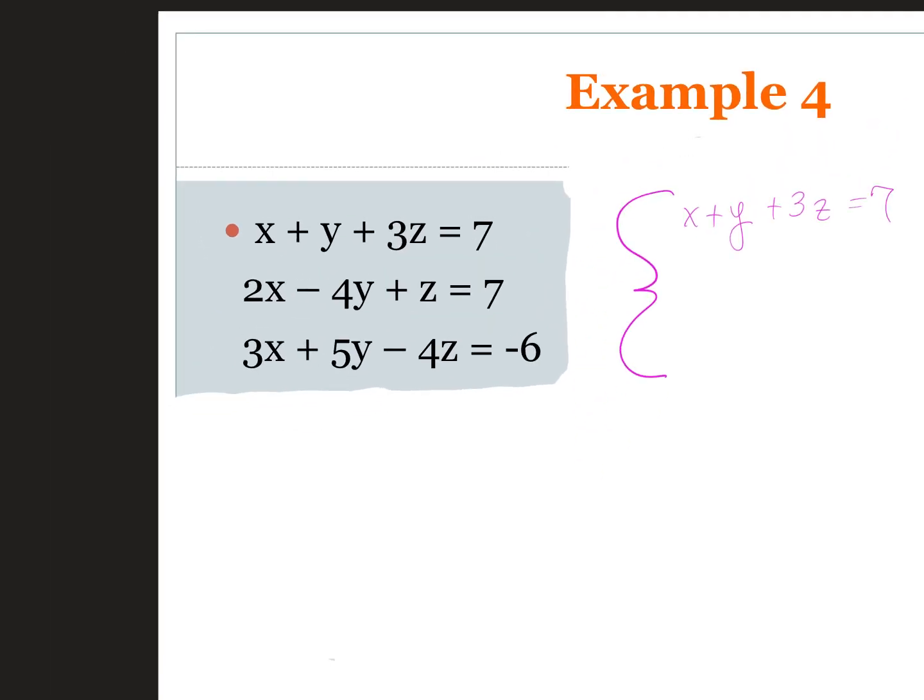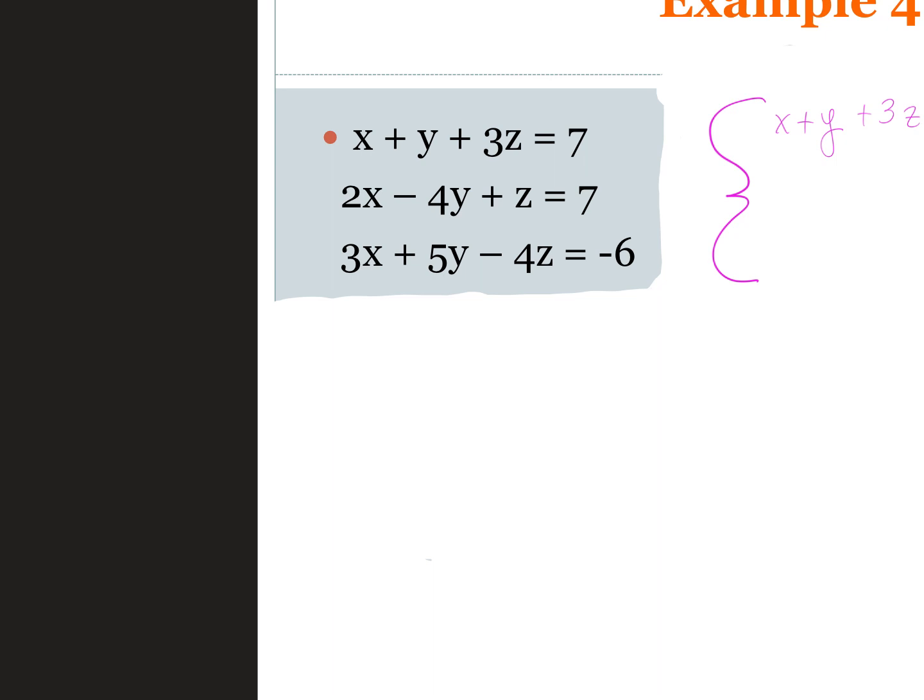So again, we're going to do the same thing we just did 2 other times. We're going to take 1 and 2 and eliminate x's. So x plus y plus 3z equals 7. 2x minus 4y plus z equals 7.